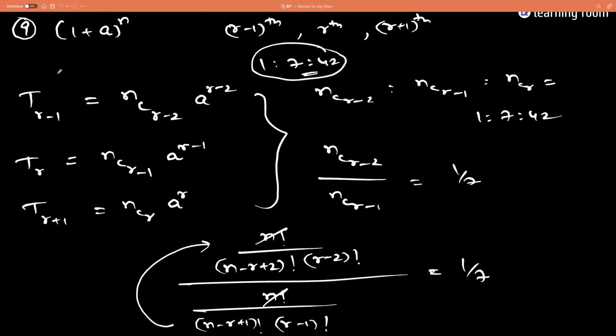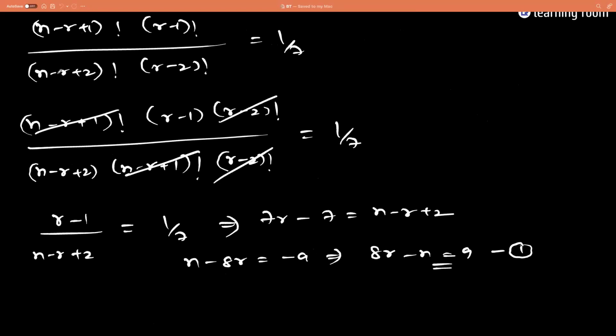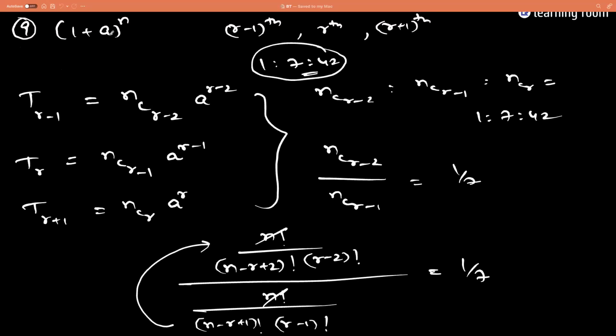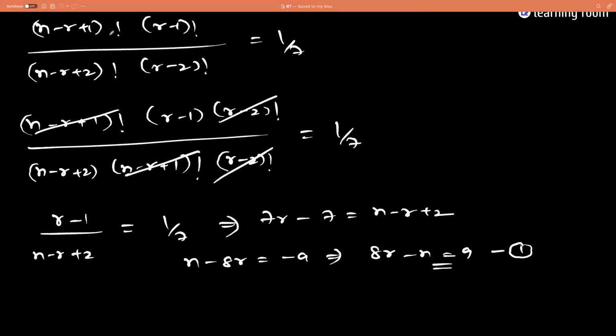So listen, T r divided by T(r plus 1). So it is nC(r minus 1) by nCr. This is how much?